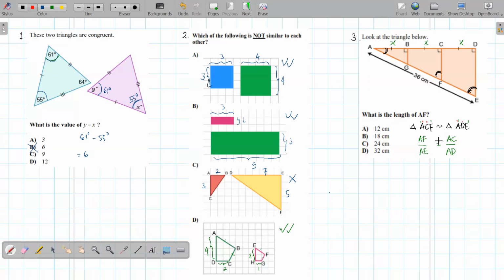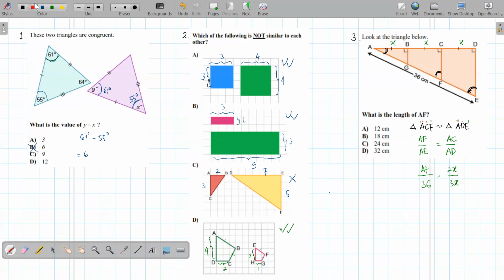So this is the easier way of finding the matching sides. Let's continue. The length of AF is unknown, so we just write AF, and then AE is 36, and then AC is 2x and AD is 3x.